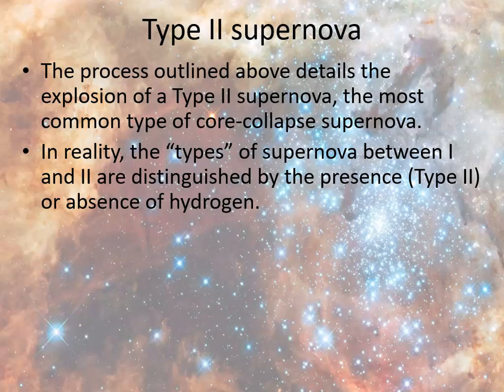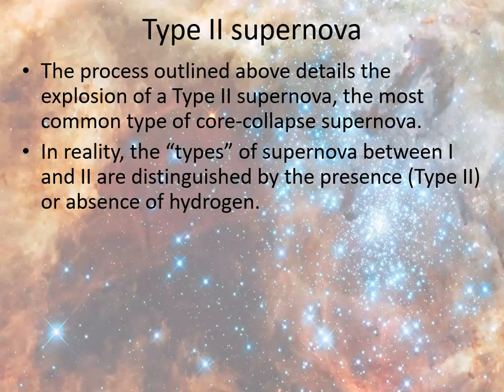There are different types of supernova based on the spectra that are produced when these things explode, and long ago scientists distinguished between type 1 supernovae and type 2 supernovae.